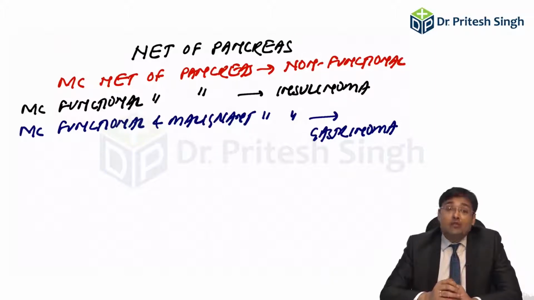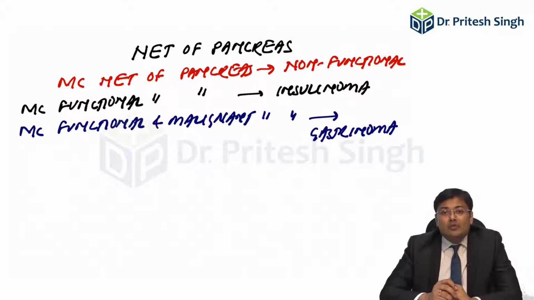And what is the good thing about neuroendocrine tumors? Most of neuroendocrine tumors, except insulinoma, express somatostatin receptors. And that's why investigation of choice for localization of neuroendocrine tumors except insulinoma is what? SRS.